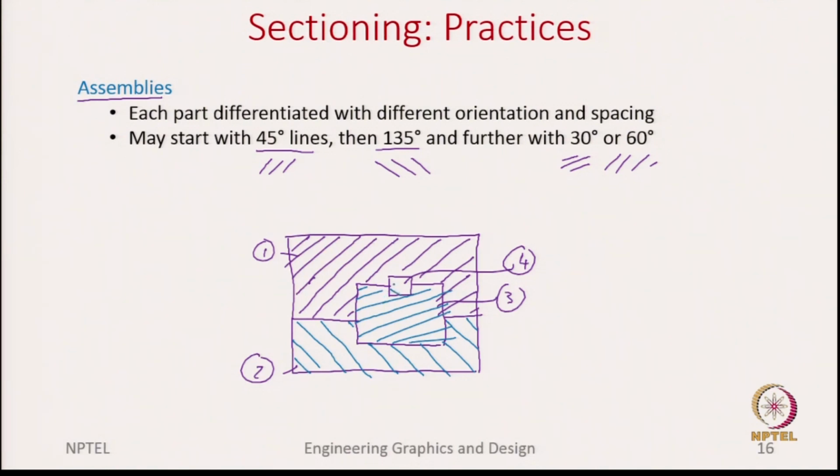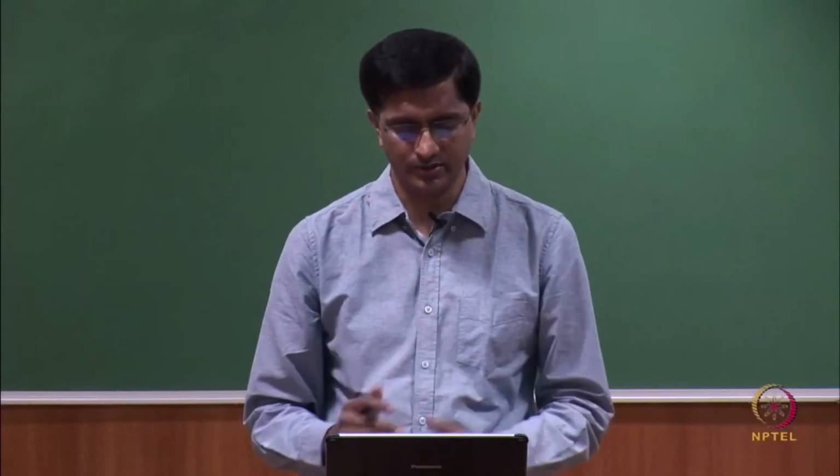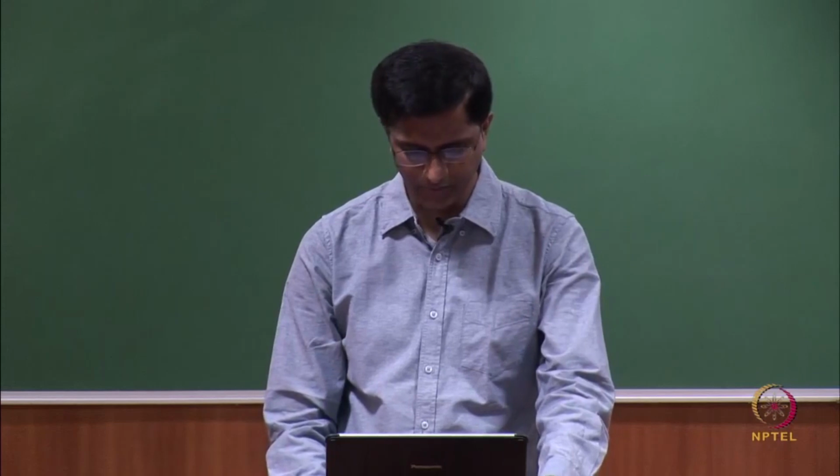And lastly this. Okay. So, what we are trying to say is if you have multiple components, we need to change either the orientation or the spacing. In this example, we only showed variation with orientation. But I could have also varied the spacing between the lines such that now you can contrast between 2 different components, that also can be done. Okay.